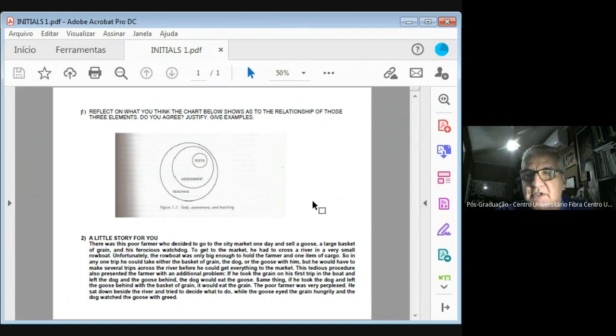So you already know that the boat is small, you can take only the farmer and one item of cargo, that he's alone, he's isolated, the house of the farm is very distant, probably, because there is a river next to the city market. So it might be difficult to go back to the house. And so you need to assess, because there is one little piece of information that gives you the answer for the decision he took.